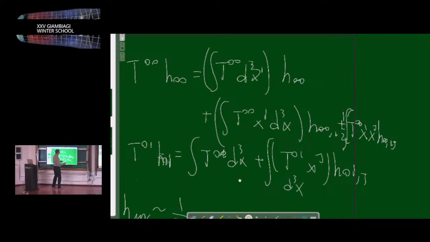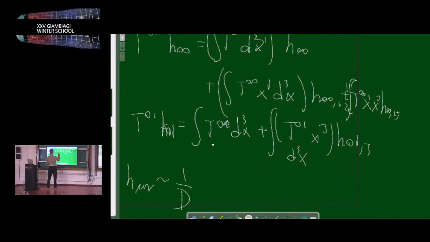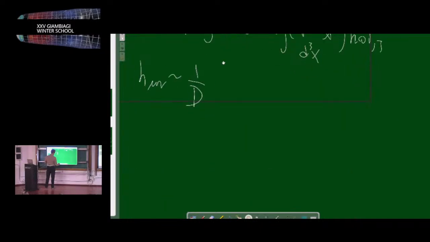For Hij, which is the radiative field, the variation is lambda. Hij has a variation which is 1 over lambda.